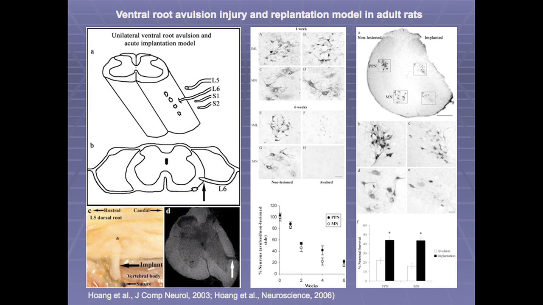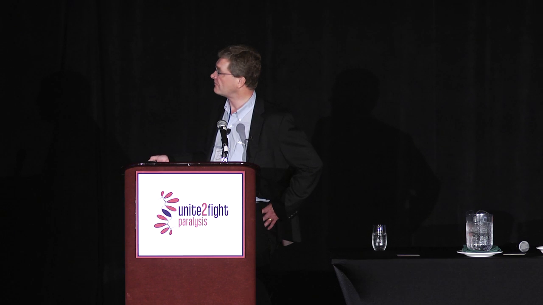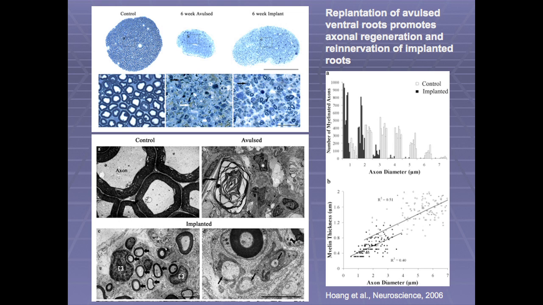And to do this in a stepwise manner, we went from the injury to the initial repair strategy, and we found that from the get-go, we were able to more than double our surviving neurons. So these roots, when they are repaired and surgically replanted into the spinal cord, have a protective effect. We were also able to show that when we look inside of the roots, there are a lot of axons growing.